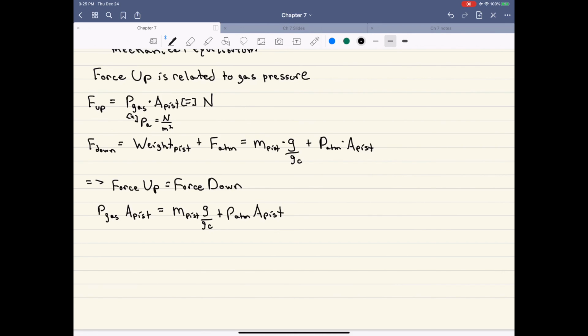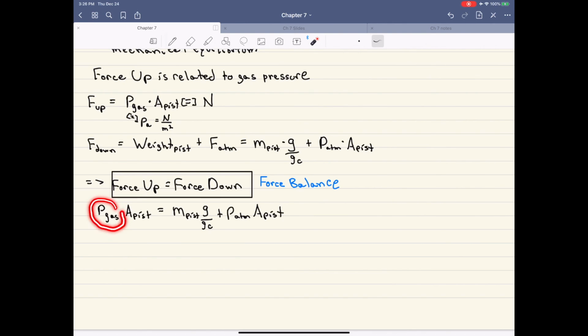All right? And so from here, I'll circle this, what we did is a force balance. And by doing this force balance, now we have a way to relate the pressure of the gas inside the cylinder with the mass of the piston and also the pressure outside of it. Okay? And so we're going to use this as a tool for helping us solve some of our energy balance problems.